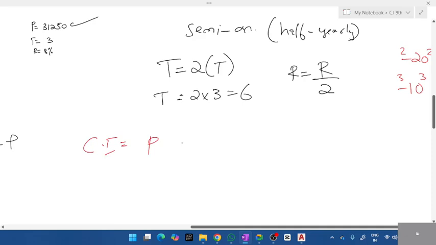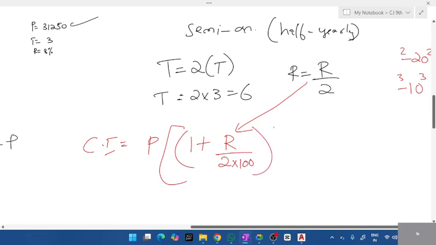P into 1 plus, in place of R, what should I write? R divided by 100 will remain as it is. Only R is changed here. R divided by 2. In place of N, what should I write? 2N, right?